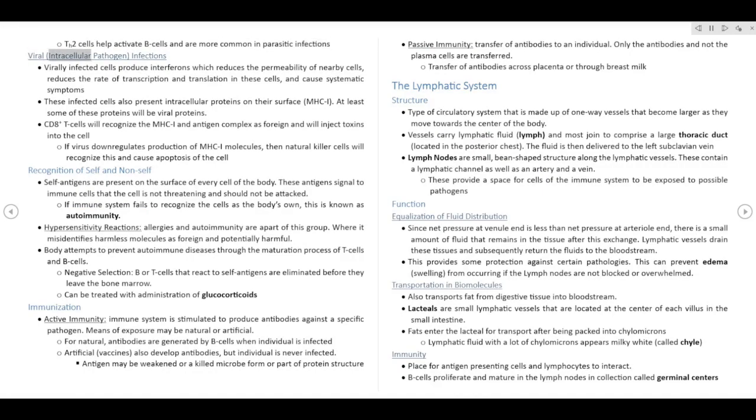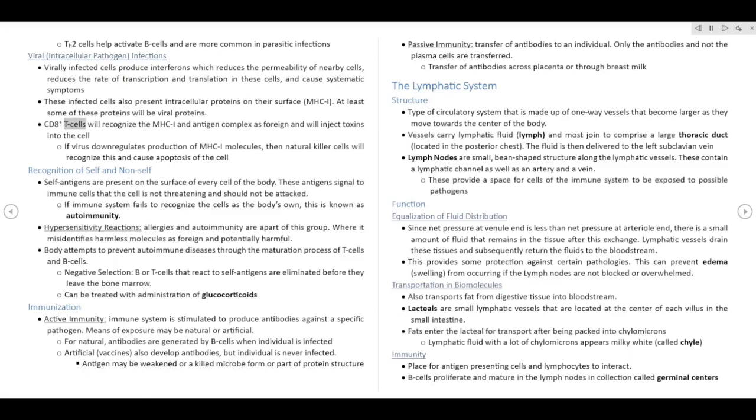Viral, intracellular pathogen infections: virally infected cells produce interferons, which reduce the permeability of nearby cells, reduce the rate of transcription and translation in these cells, and cause systemic symptoms. These infected cells also present intracellular proteins on their surface, MHC I. At least some of these proteins will be viral proteins.